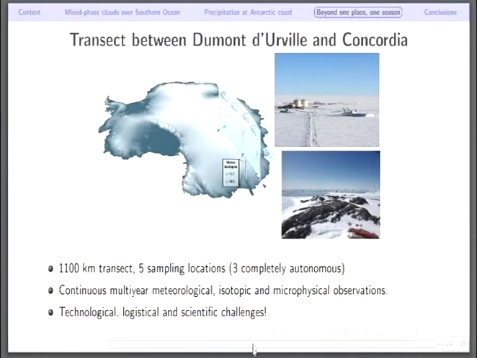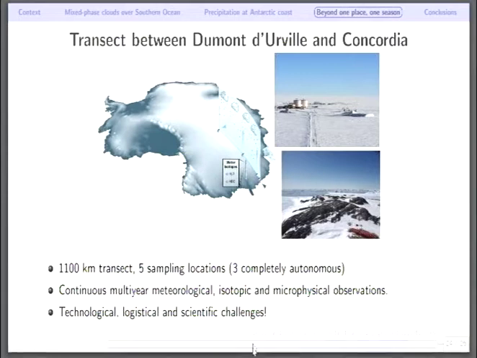This transect crosses very diverse types of climate. The coast is mild but very windy, and the interior is not that windy but extremely cold and dry. The transect is aligned with the typical moisture pathway, so we will sample the atmosphere along it to see how things evolve.